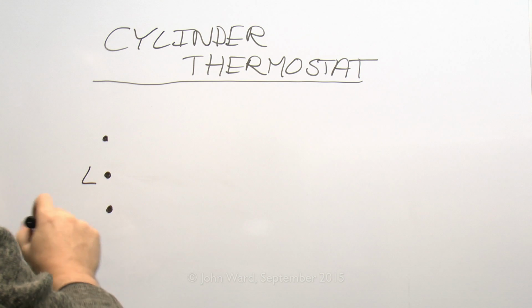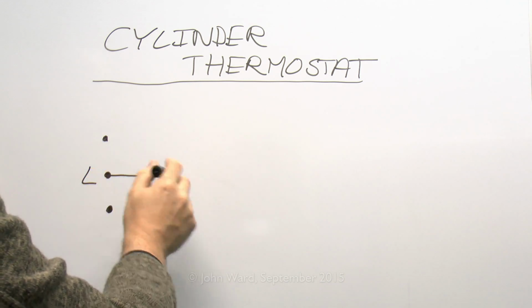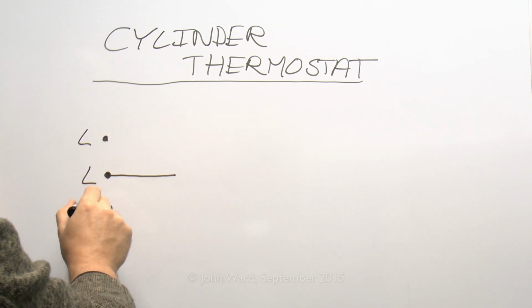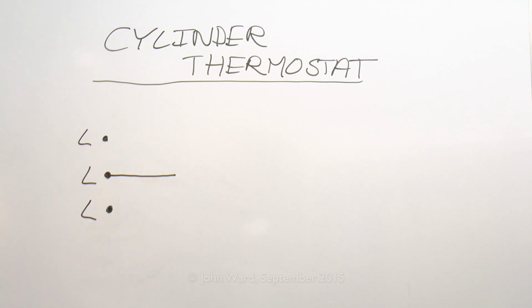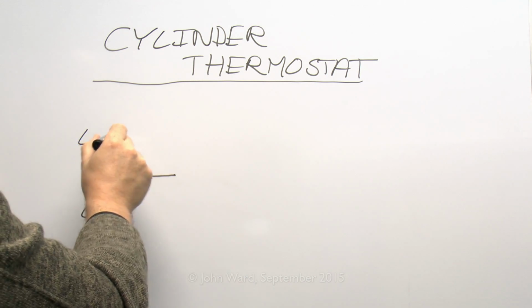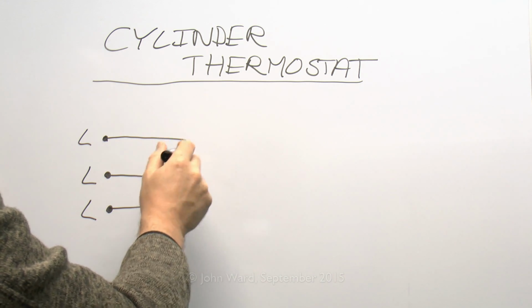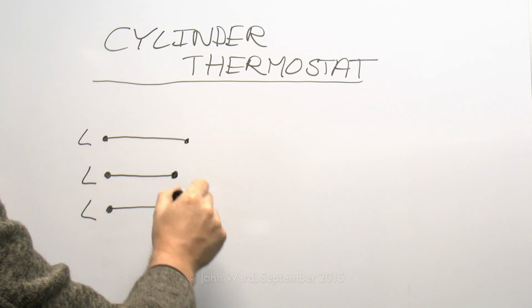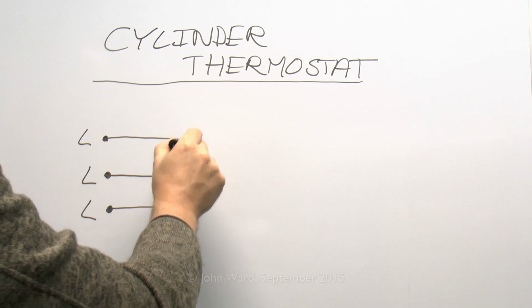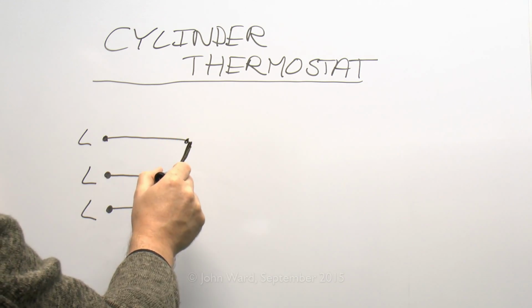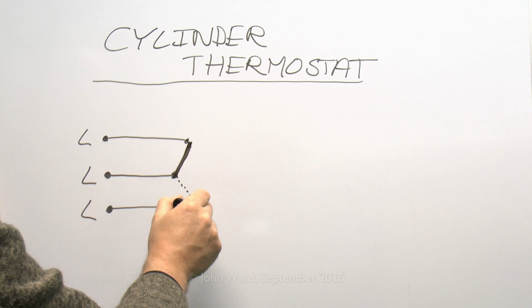There's going to be a line coming in, and then you're going to have two outputs, both of which could be live, and that depends on the positioning of the contact. And the contact is pivoted here, and it will either go to this output here, or in the other position it goes to the output over here.